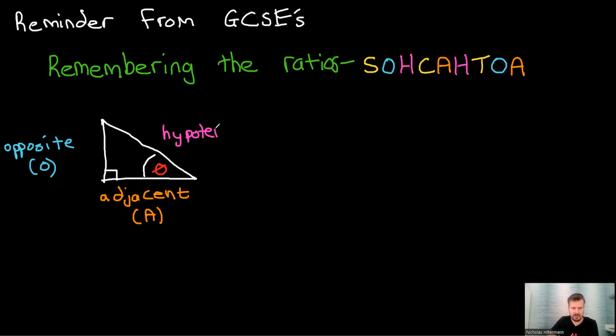And so when we learn about sin, cos, and tan, you've probably heard those names, you maybe know already. When we're talking about that, we're talking about it in relation to a right angle triangle. And so let's just go over that again. So we have an angle theta in red. Opposite to that angle is this side here.